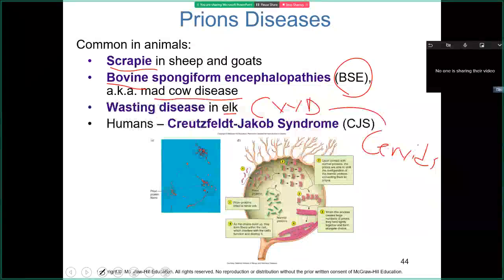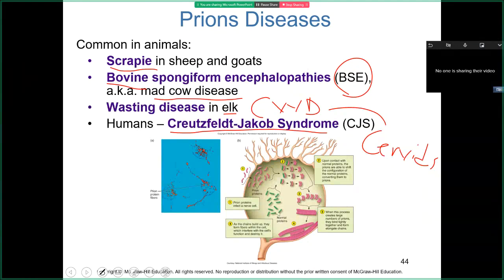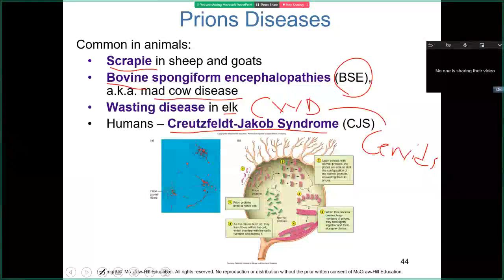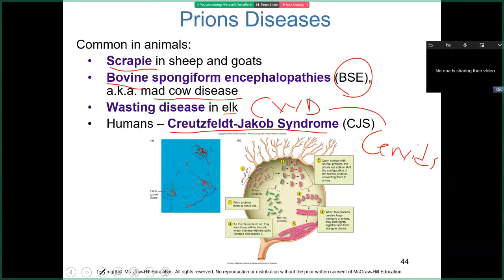They're deer and known now to carry CWD. That's spreading. And then a prion that occurs in humans is sometimes called CJS or CJD, Creutzfeldt-Jakob disease, is a prion type of infection that occurs in humans. And there are others that affect humans preferentially.